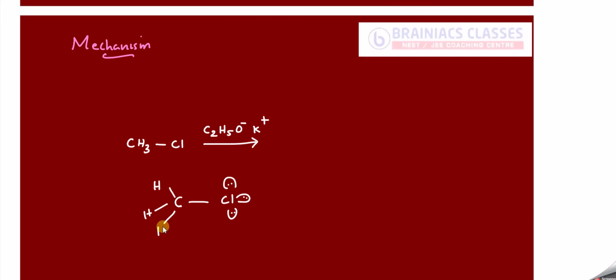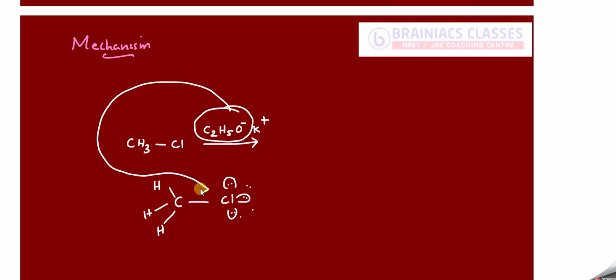Now this nucleophile will not come via the front way, because there are lots of lone pairs present here, so the lone pair will repel the minus charge. So it will come via the back side and attack the carbon atom. Please remember it will come via the back side and attack the carbon atom.